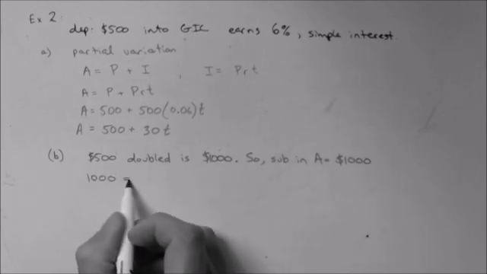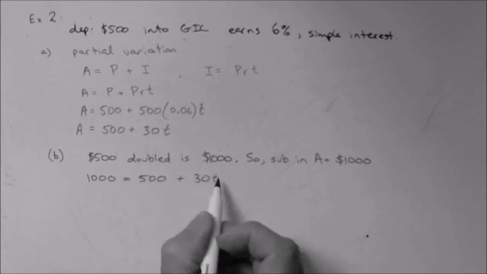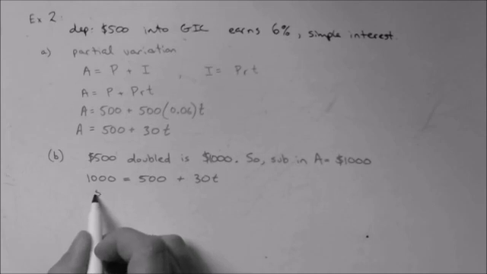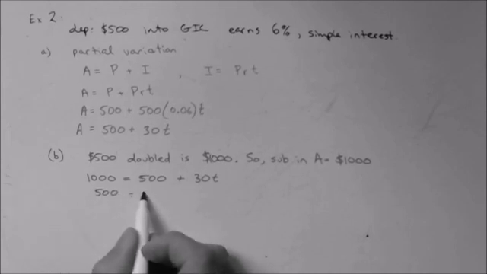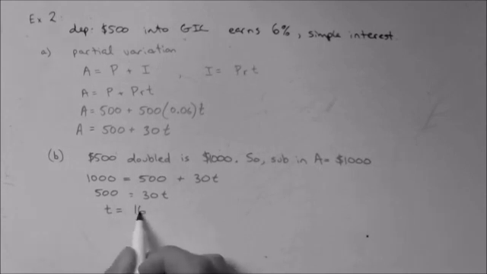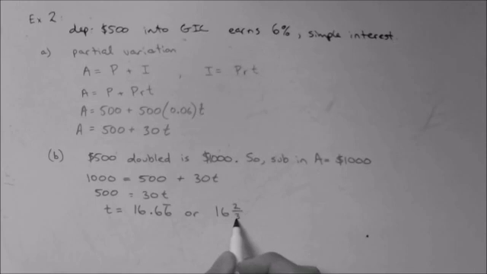We still have 500 plus 30t, and we simply solve for t. Subtract 500 from both sides. Divide both sides by 30. We get t equals 16.66, and that carries on. So that's 16 2/3 of a year.